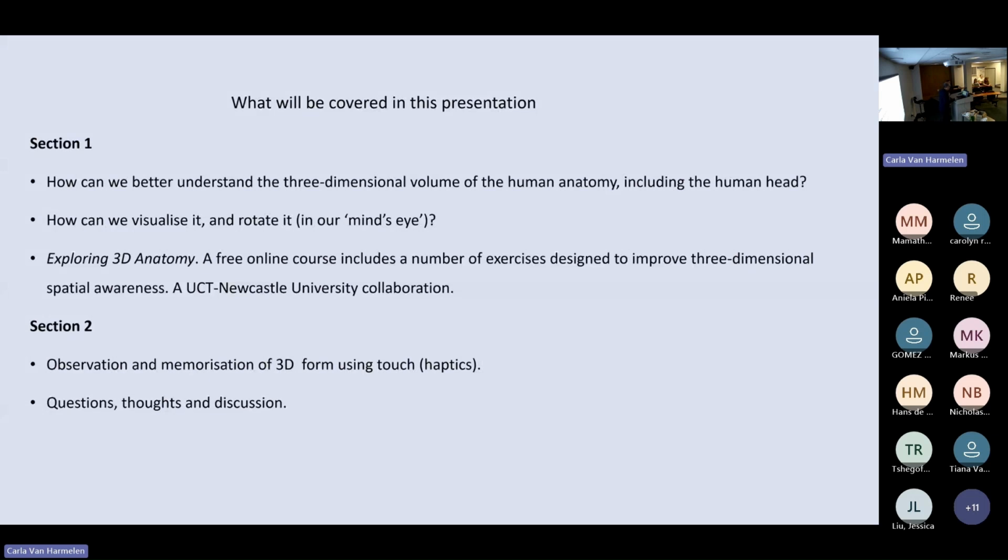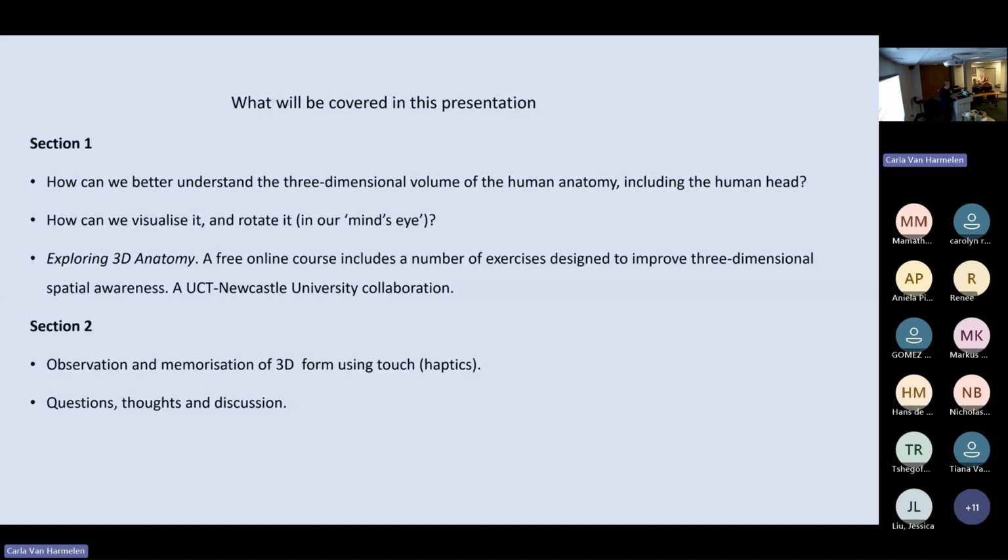Thank you. So we're going to look at how we can visualize. That's the important thing, to be able to have an understanding of how we can visualize in our minds what we're dealing with, okay? I'm going to be introducing you to an online course called Exploring 3D Anatomy.